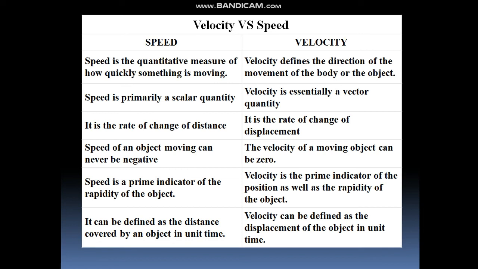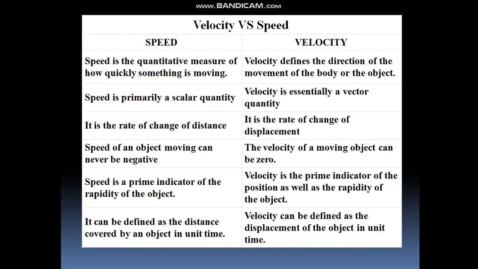Speed is a prime indicator of the rapidity of the object, whereas velocity is the prime indicator of the position as well as the rapidity of the object. We always have to remember that velocity has to be with respect to direction.